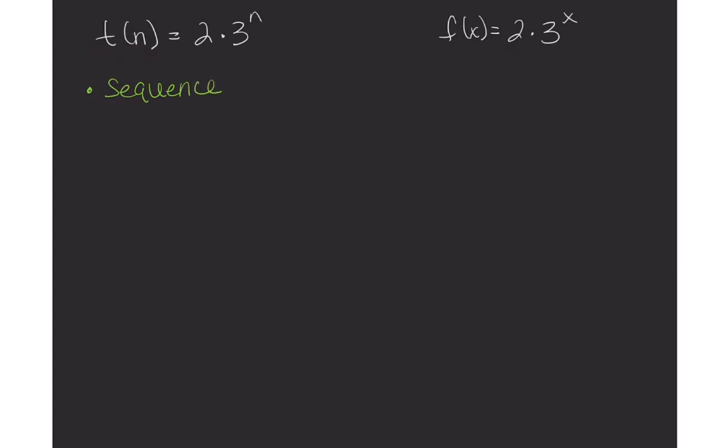And we know that sequences are discrete, right? And then f of x is telling us that we have a function. And we remember that with a function, we connect our dots because it includes everything in between. And we say that this is continuous.